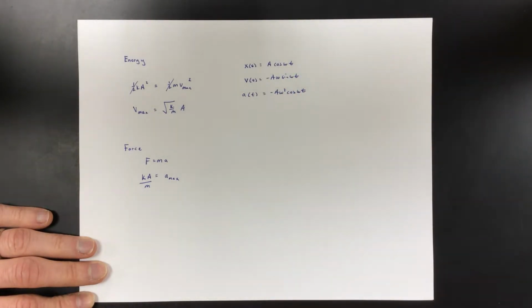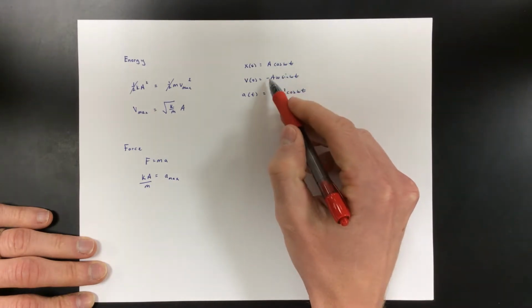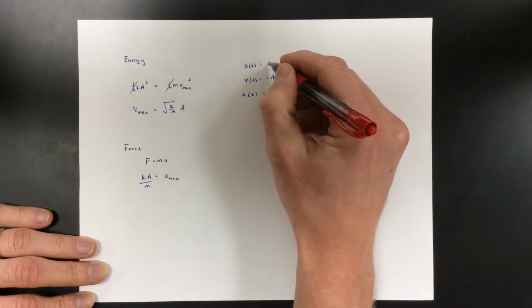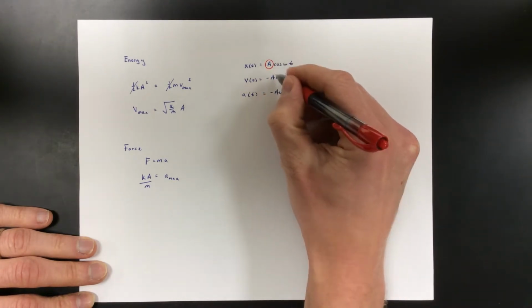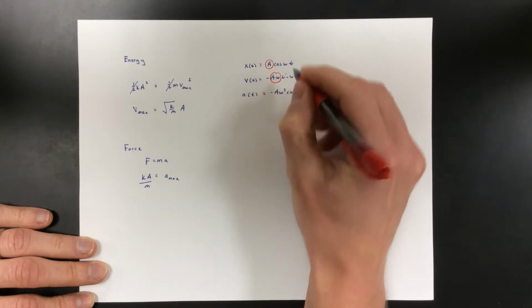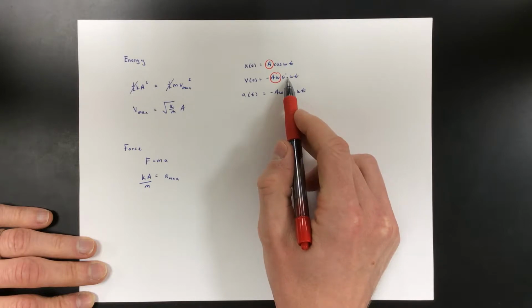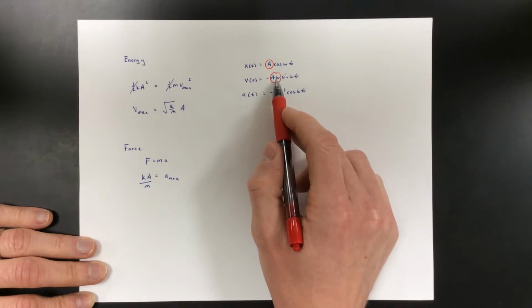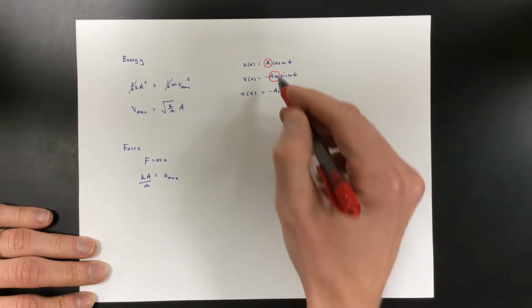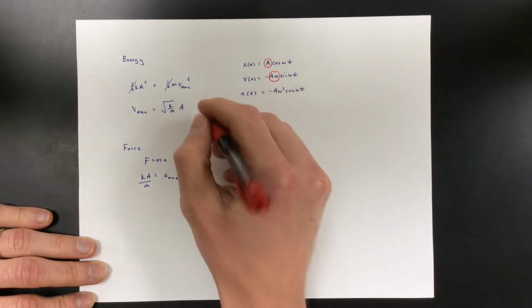Those are just three separate trig functions: a cosine, a negative sine, and a negative cosine. There's the amplitude of the first trig function. There's the amplitude of the velocity function, which means that if sine oscillates back and forth between -1 and 1, the velocity oscillates back and forth between negative A omega and A omega. So the maximum is A omega.